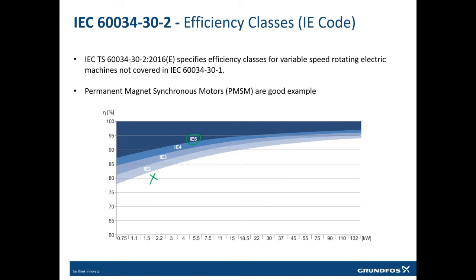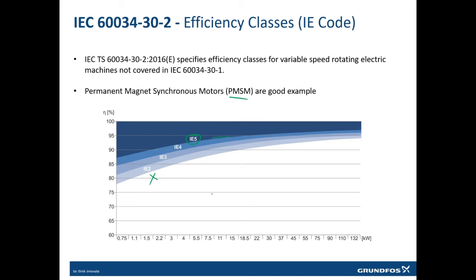And IE5 is introduced, and permanent magnet motors are also introduced in IEC 60034. That means motors which are synchronous and have a permanent magnet inside the rotor are also introduced, which was not there earlier. And again the same thing, the limits are there.